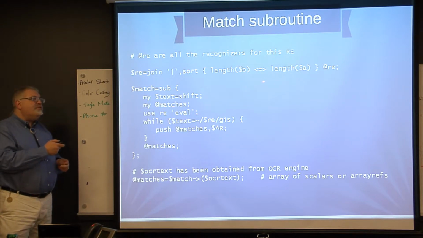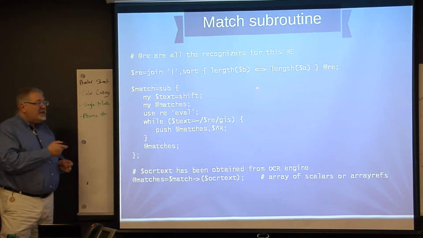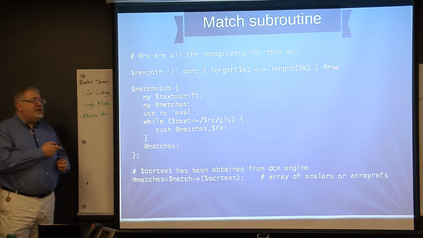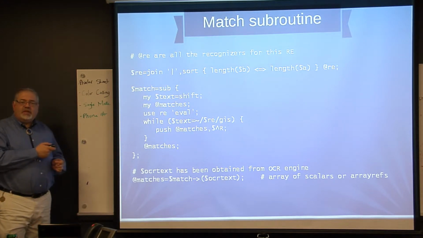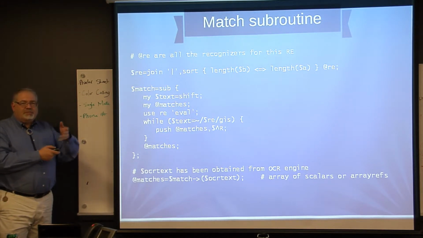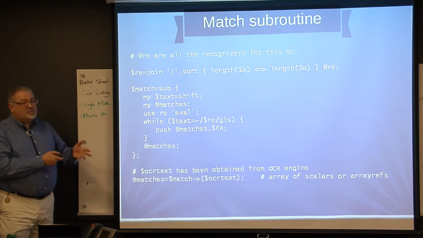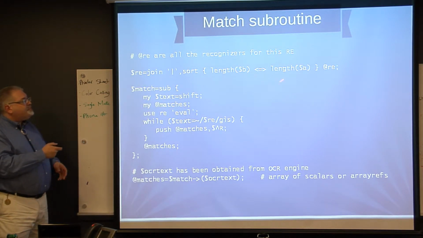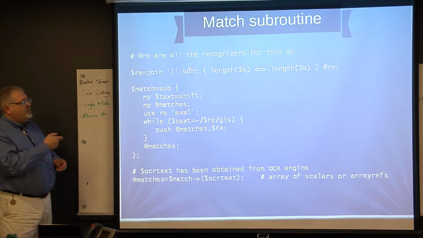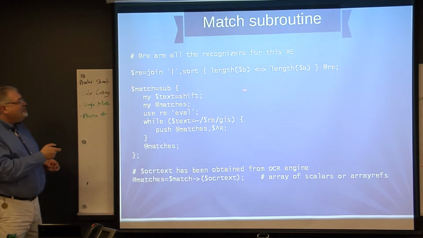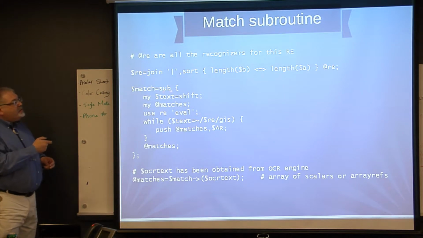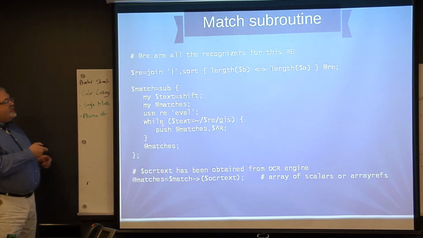If the Perl optimizer works the way it's advertised, it shouldn't be necessary to sort by length, but I do anyway because it seems to be beneficial. Having done that big upgrade, I probably should repeat the benchmark and see if this is still true. Because this step, I could probably save 15 microseconds or something if I got rid of the sort there. And then we pre-compile by putting it in the subroutine.